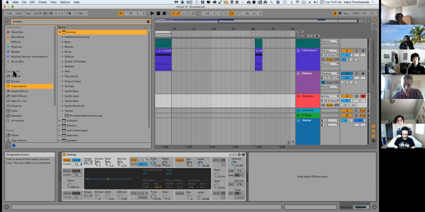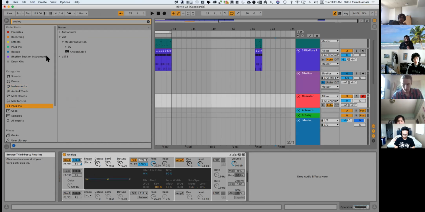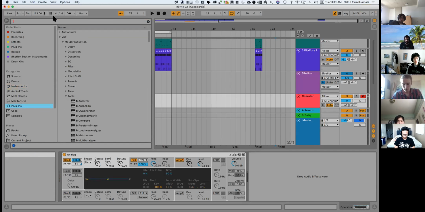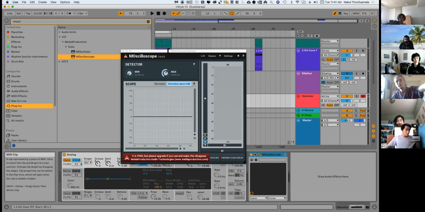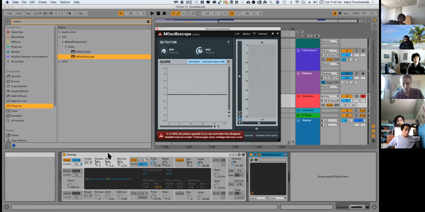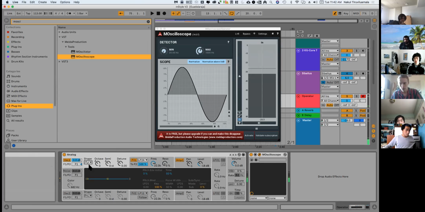So for instance, if I looked at all these particular waveforms using my oscilloscope, we'll just clarify that they are indeed what they say they are. By the way, this plugin is free. It's a great plugin to do some analysis. So I'm going to go to the sine wave. Good old sine wave, our good old friend, the sine wave.